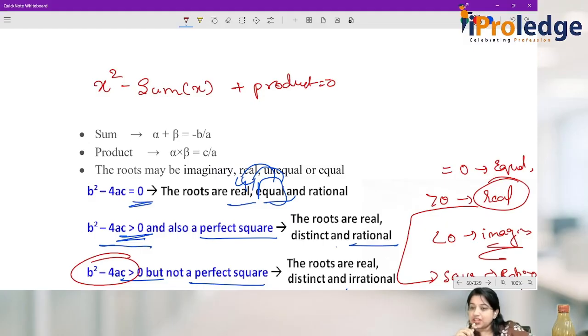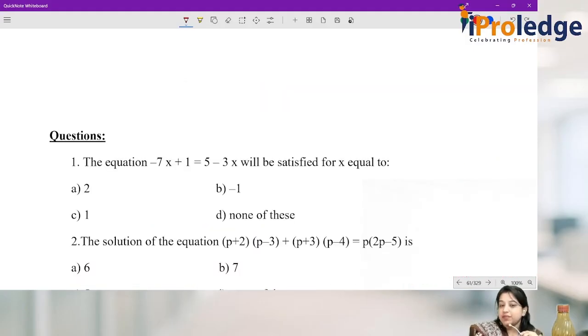When sum and product are given, take them directly; when roots are given, find the sum and product. Check the formula for alpha plus beta, which is minus b by a, and alpha into beta, c by a.